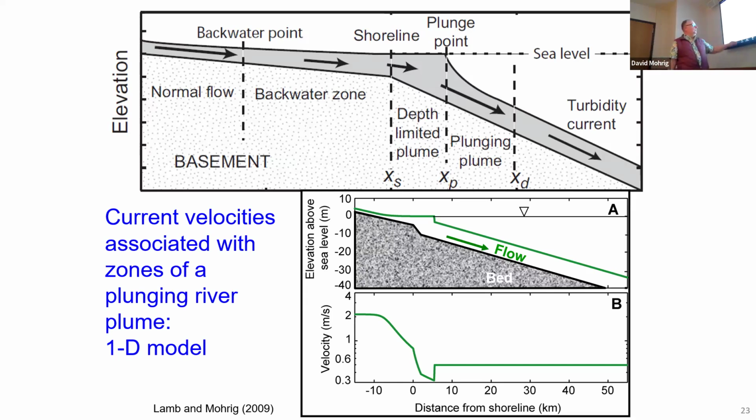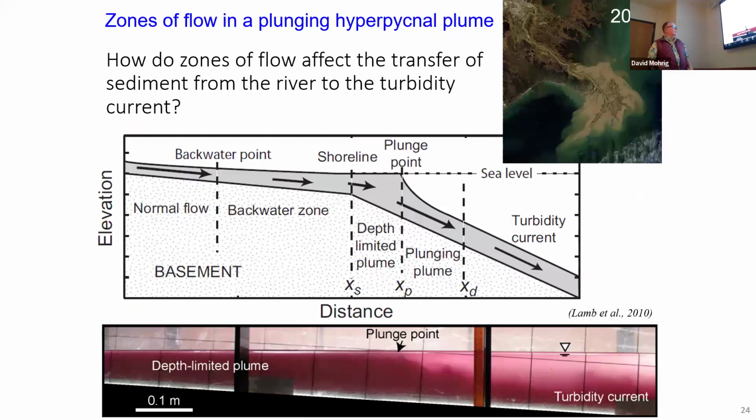And this is a model result showing what the velocity does in this particular case. It's important to realize that the mechanics here actually make a filter, so the history of the river flow is not perfectly recorded in the turbidity current, though many people try to use the hyperpycnal flows to say something about the ancient river discharges. There's a filter that goes on in this plunging zone that needs to be added in if you want an accurate interpretation.